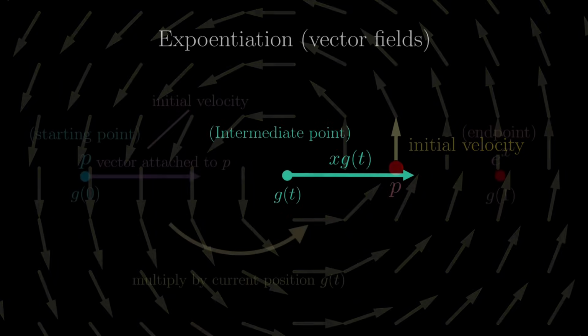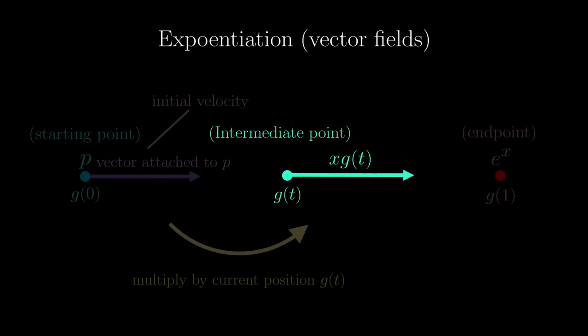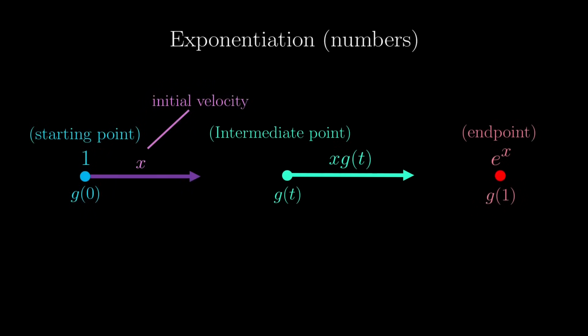Now, in the intermediate setup, we should have the velocity to be the vector attached to the current position g of t. This is because in the normal numbers case, the velocities in the initial and intermediate setups have a very similar relationship with the current position. In this number case, the relationship is that the velocity is multiplying the current position by x.